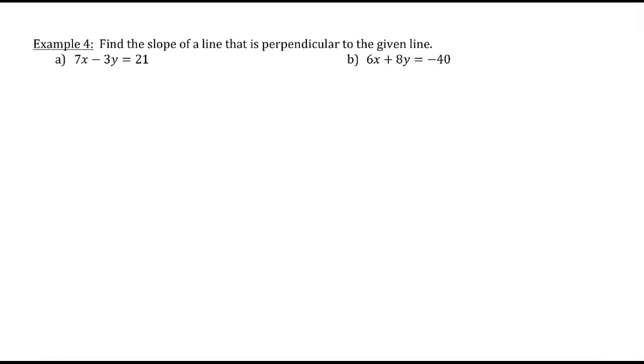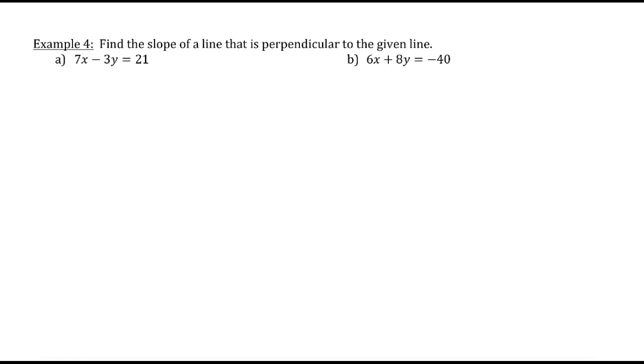In example 4, the instructions are a little bit different. This time we're given one line and we are asked to find the slope of a line that's perpendicular to the given line. So we need to find the slope of the given line and then find the negative reciprocal or opposite reciprocal of that slope for a perpendicular line. Let's take a look at part B. In part B, we have 6x plus 8y equals -40.